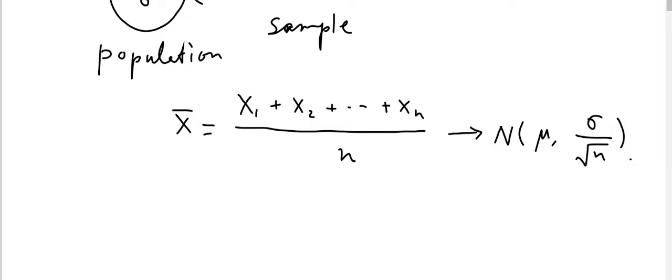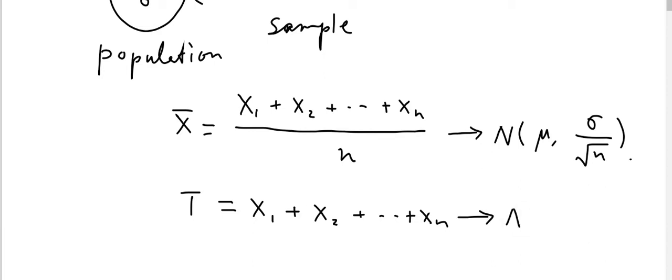Let's forget the denominator n. The two results are the same: x1 plus x2 plus up to xn will be close to a normal distribution, where the mean is n mu, just multiplied by n, and the standard deviation becomes radical n sigma.